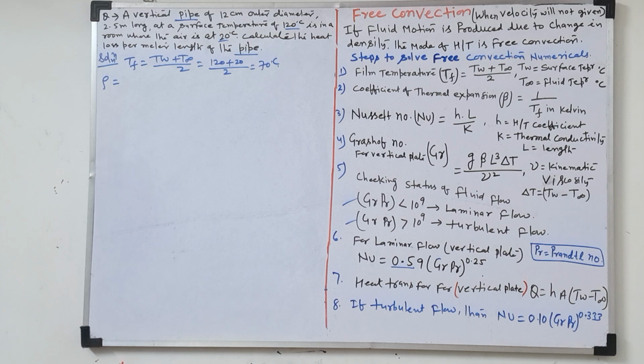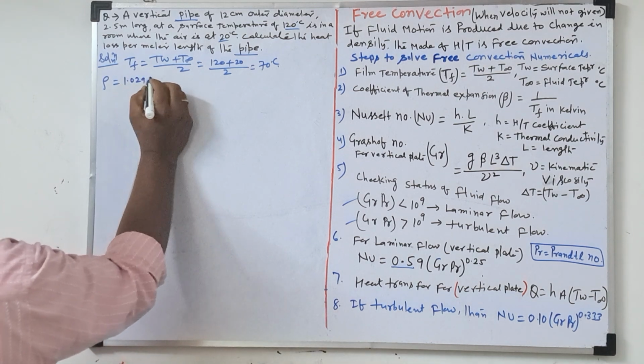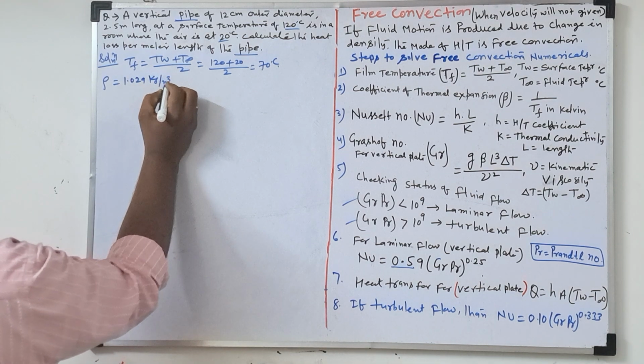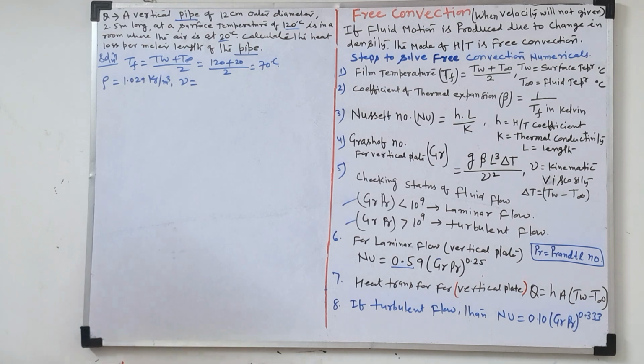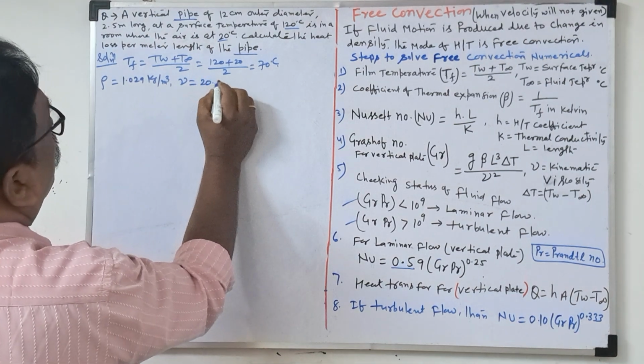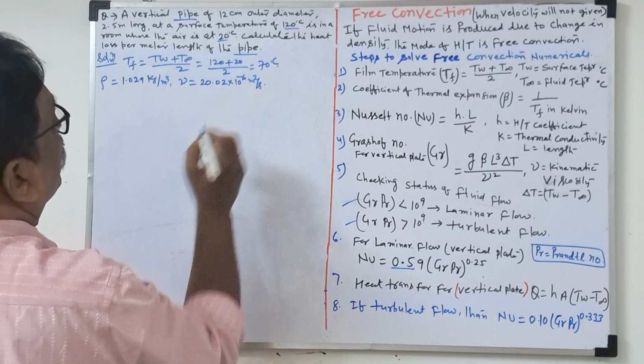From the HMT data book at 70 degrees, density is 1.029 kg per meter cube. Kinematic viscosity is 20.02 into 10 power minus 6 meter square per second.